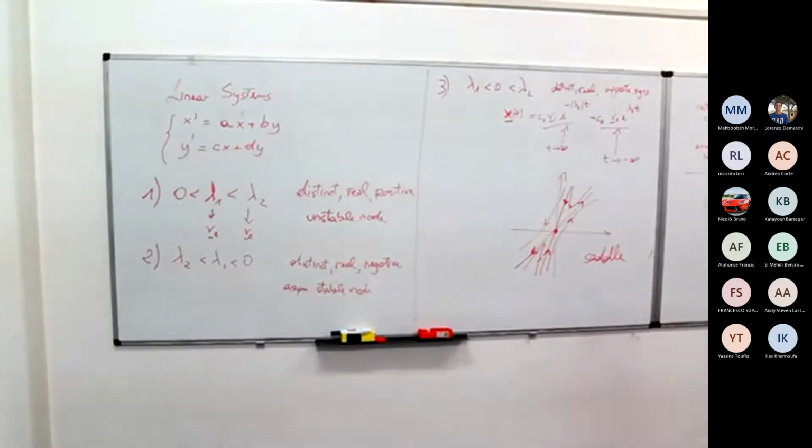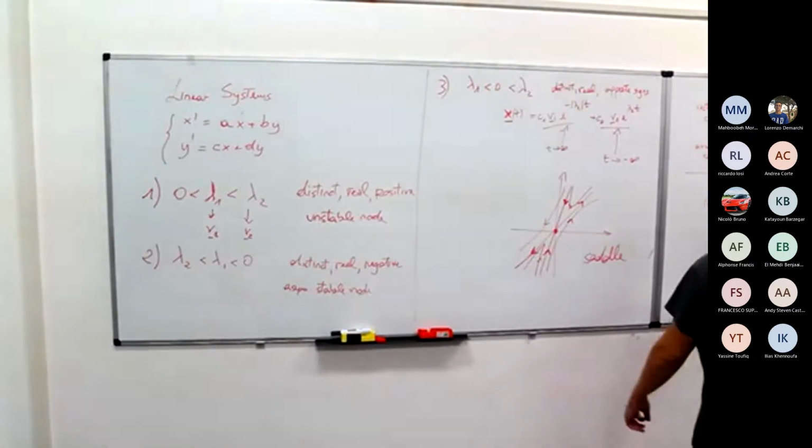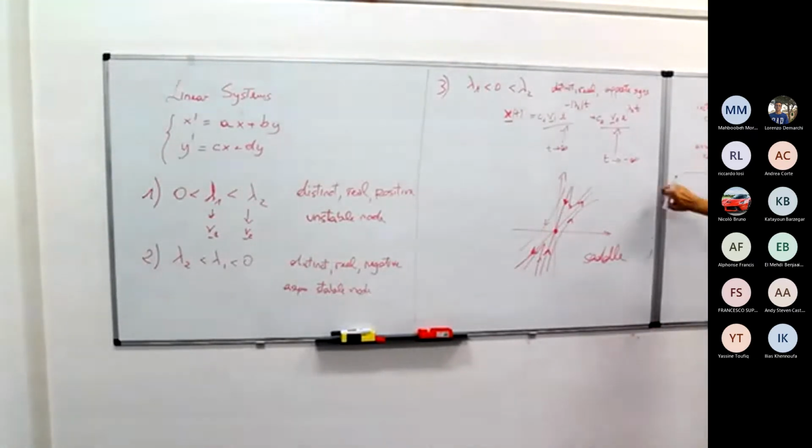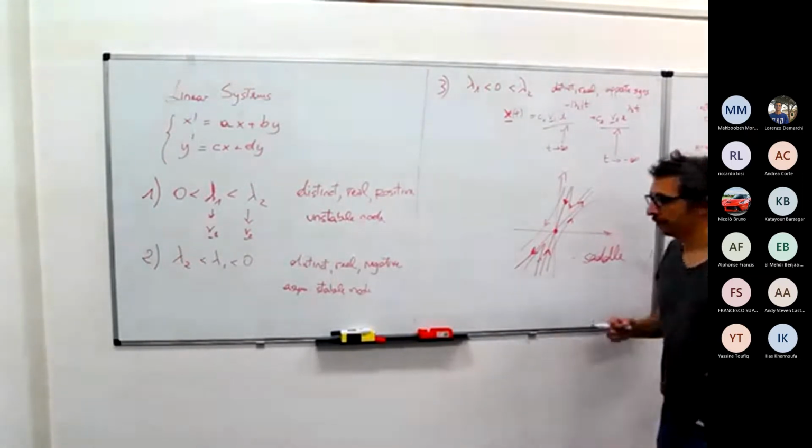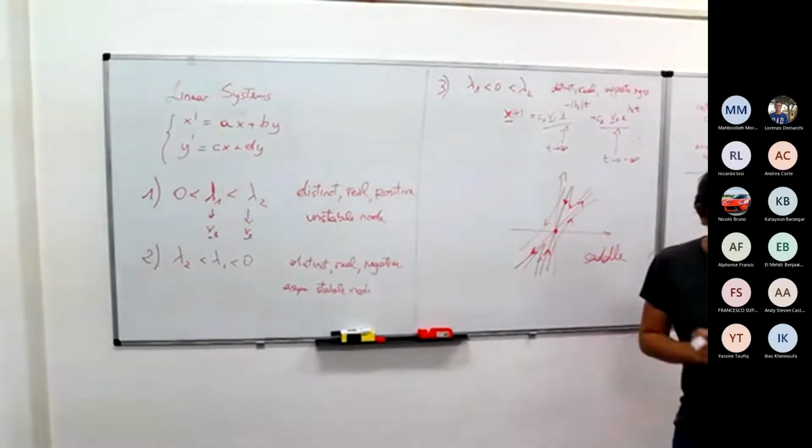A saddle is stable or unstable? Stable. Why?